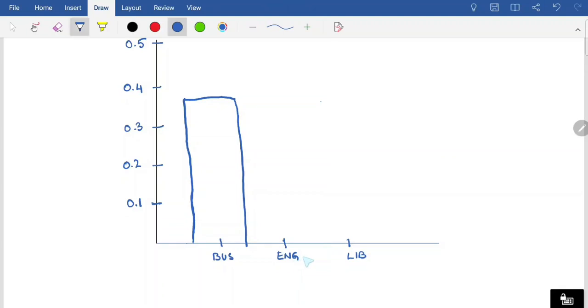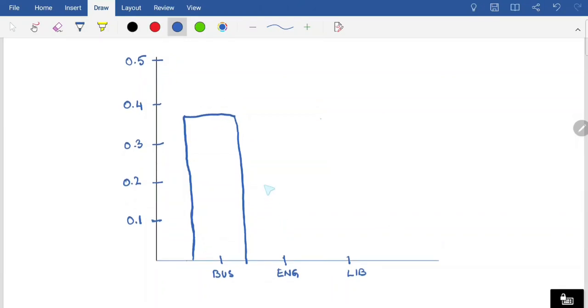All right. For engineering, it was 48%, so it would go close to 0.5, but not as high as 0.5, a little bit below 0.5, and keep a space between the two rectangular bars when you are creating a bar chart. All right, for histogram, it's a different story, but for bar charts, there has to be a space between the rectangles.